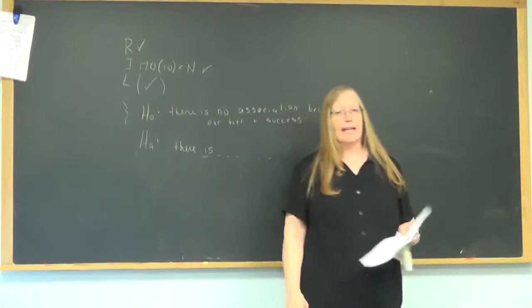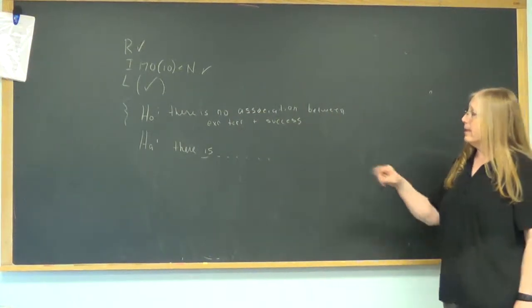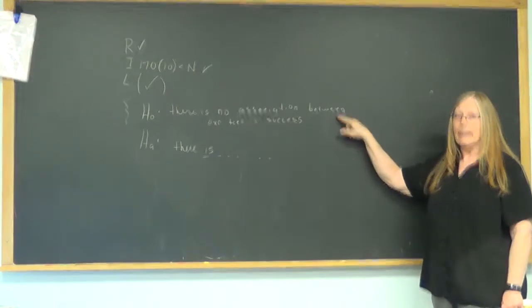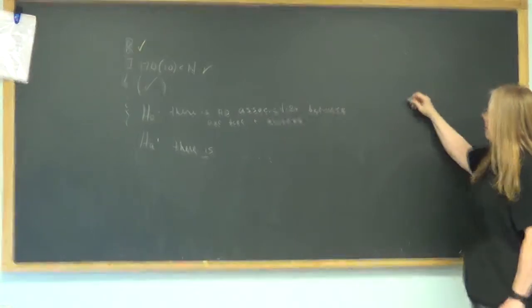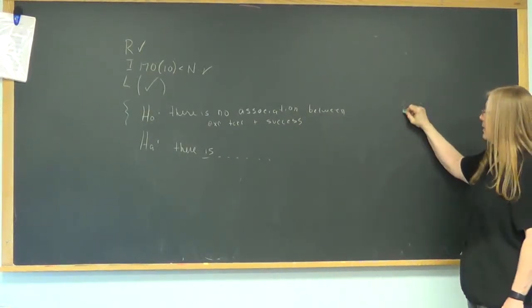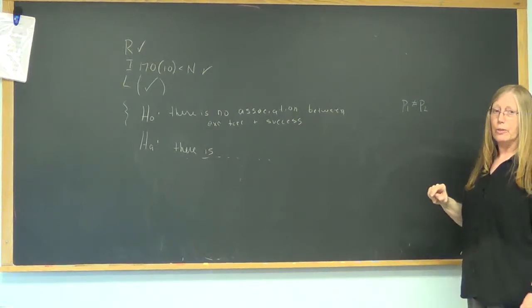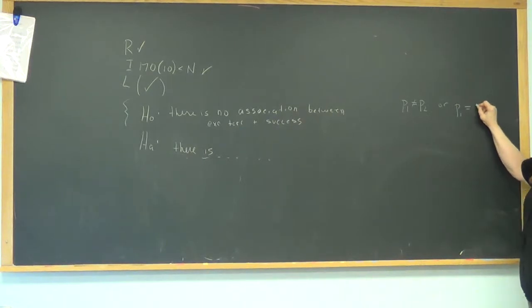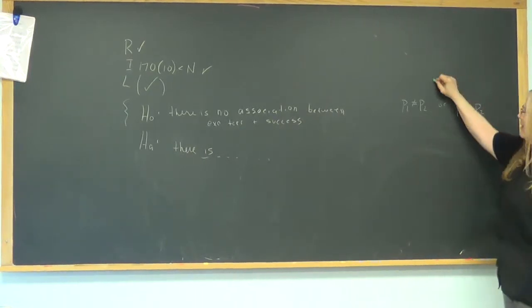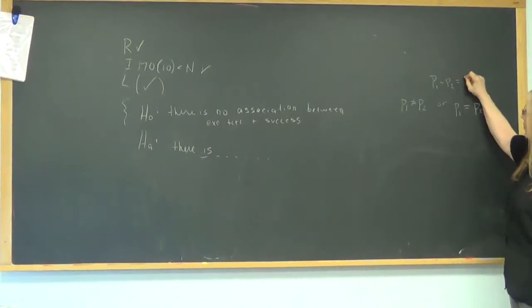Another way, I want to bring this up now, because the test likes to mess with this, and I try to keep it all the same when I'm teaching it. There's a third way you can say that. Remember when we used to have two proportions? We would say proportion 1 does not equal proportion 2, or proportion 1 minus proportion 2 equals 0.